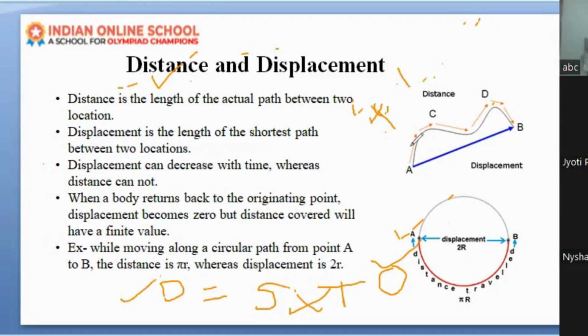Speed into time. You are covering some distance. But the formula of displacement is final minus initial. Means the final position, whatever you are covering, you have to subtract the initial position from it. So final minus initial, then you can get 0 in certain cases. So displacement may be 0, but distance cannot be 0. I hope I am very clear to you all about distance and displacement.